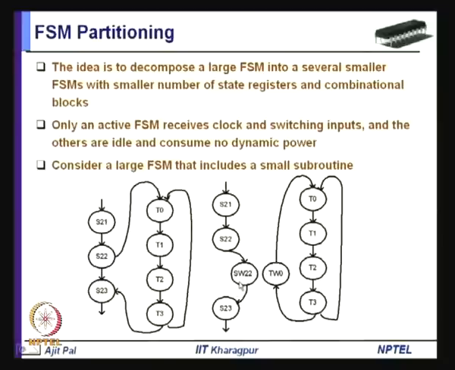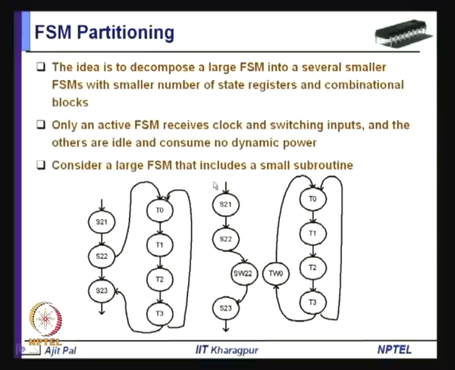So, we have introduced a state SW22 in the main program, and in the subroutine part we have introduced another state TW0. These 2 states lead to a transition from one machine to another machine, that means the activation of one machine from another machine.